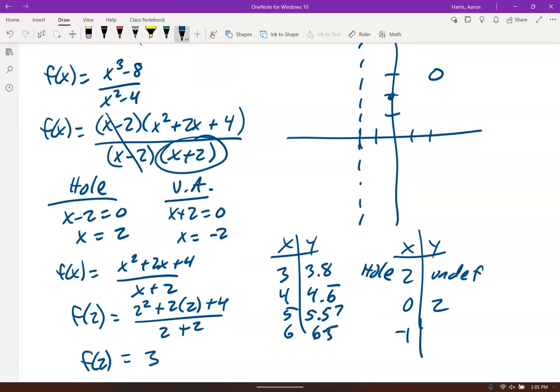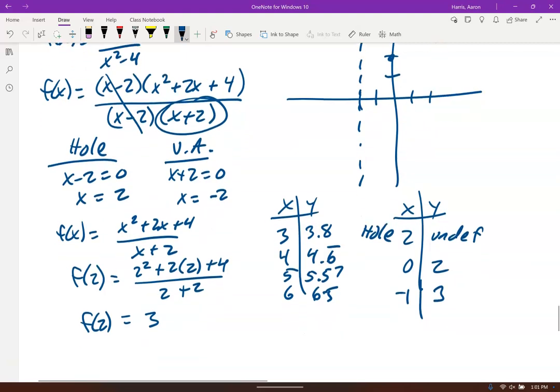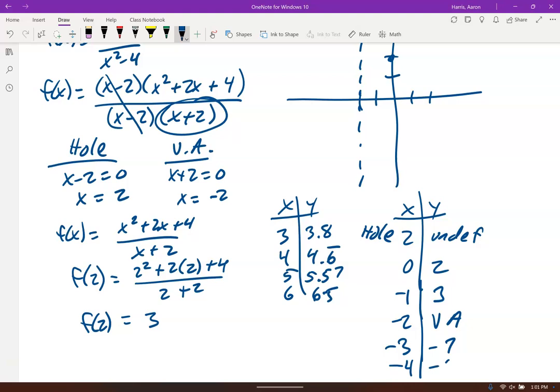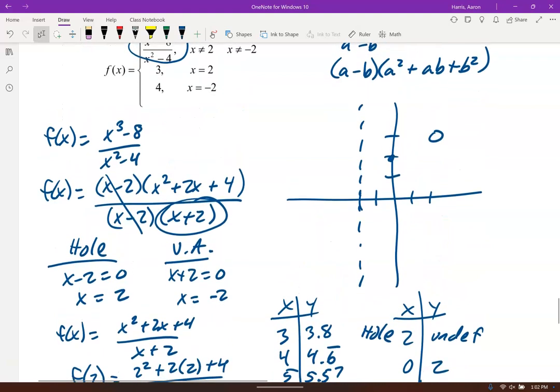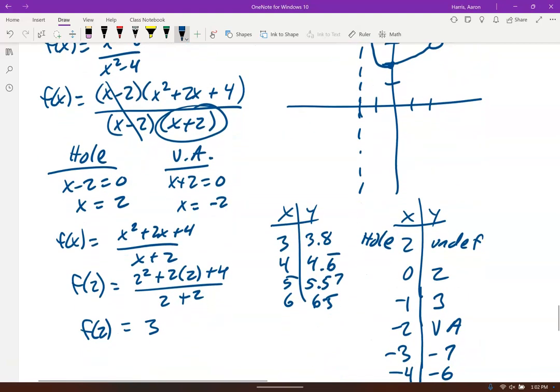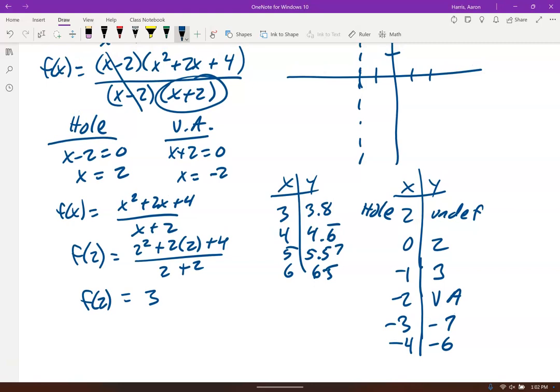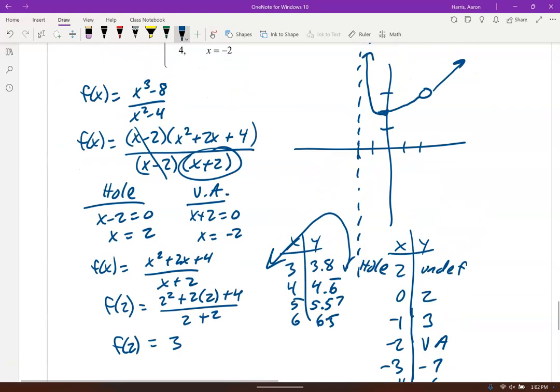Plug in negative 1, I get 3. Negative 2 is the vertical asymptote. Negative 3 spit out negative 7. Negative 4 spit out negative 6. Kind of looks like this a little bit. Anyways, that's kind of what this thing looks like.